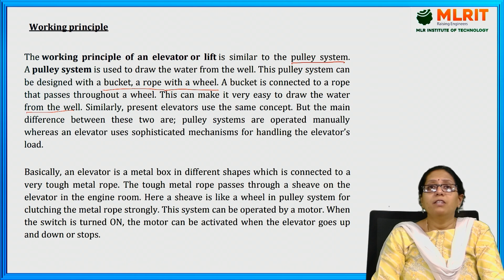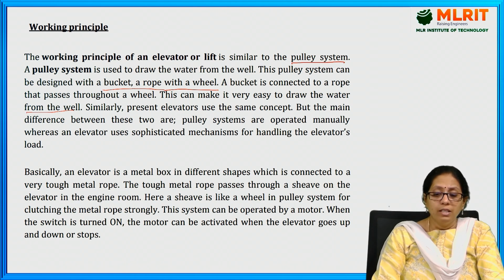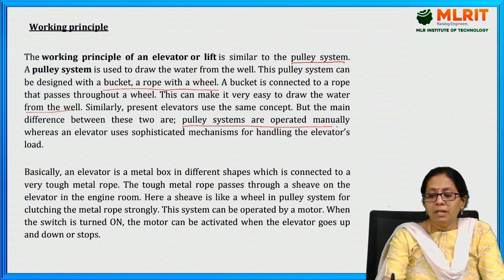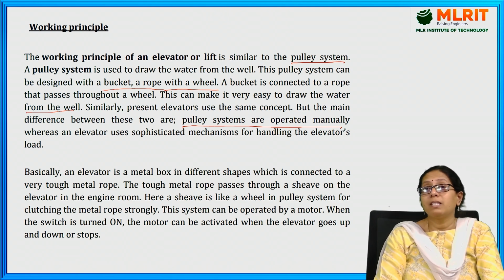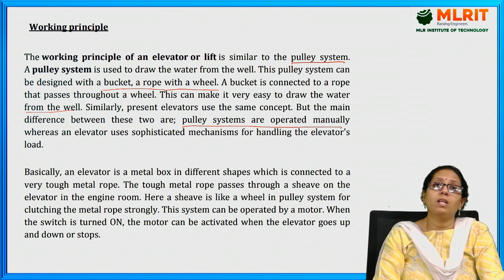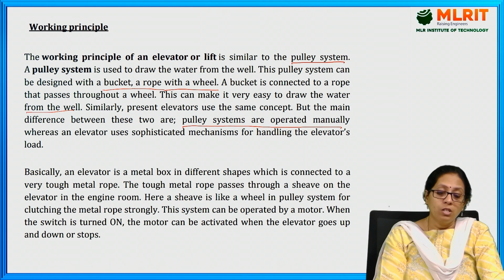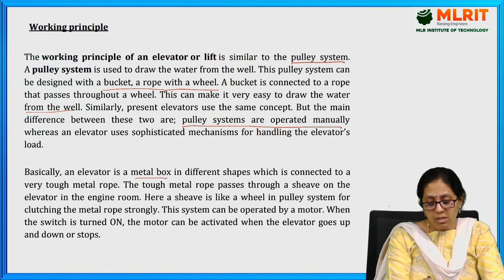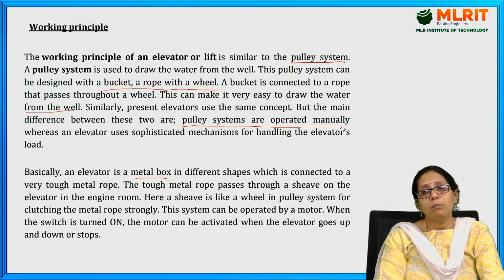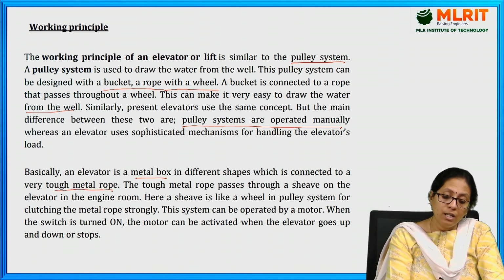The main difference between the two is that pulley systems are operated manually, and here we are operating using a sophisticated mechanism with a combination of different control systems as well as different motor systems. Basically, an elevator is a metal box in different shapes which is connected to a very tough metal rope.